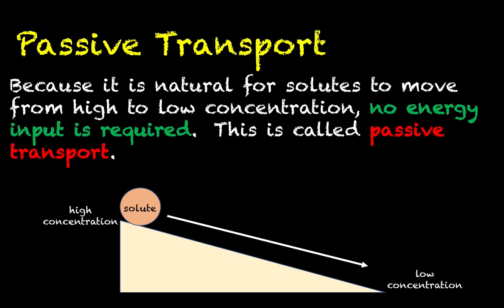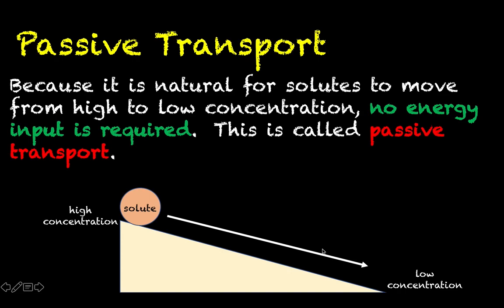So what we have just described with simple diffusion and talking about Fick's law of diffusion, this describes what is called passive transport. Basically, you can think of this as it being very natural for solutes to want to move from areas of high concentration to areas of low concentration. And because this is a natural process, you could almost think of it as being a downhill process.